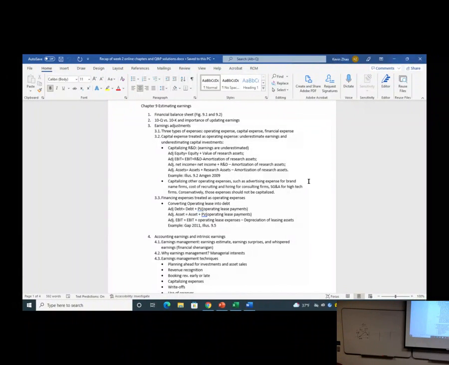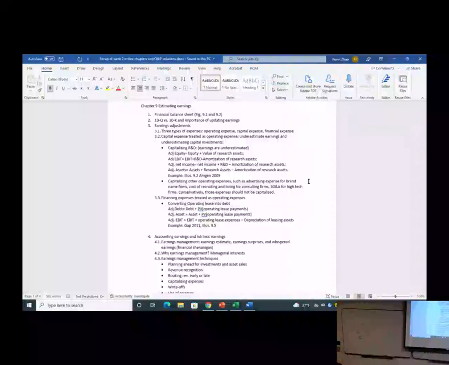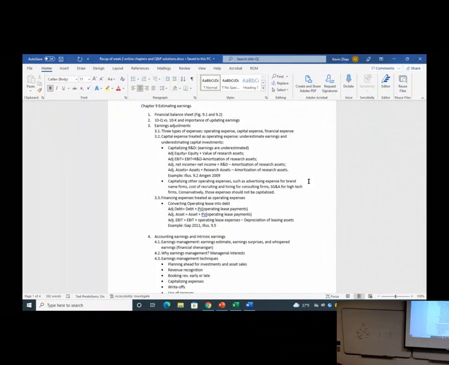Right now you're going to make the right adjustment. And the third one is net income, of course. It's the same as EBIT. And also assets in the balance sheet need to be adjusted. So essentially on your balance sheet, that's assets on your left, right, and debt plus equity.